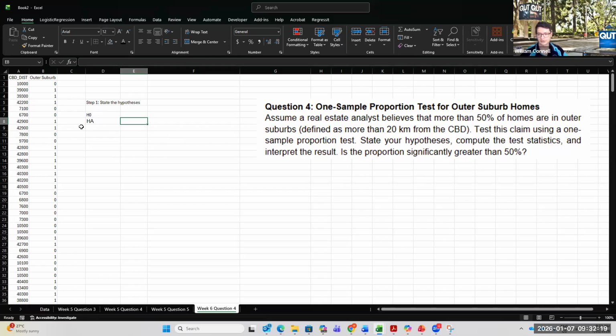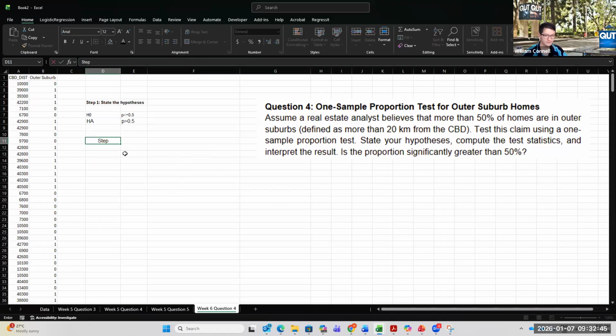So we're going to start with our alternative, which is that we want to test that more than 50% of homes are in this outer suburb. So we're going to write this as P greater than 50% or 0.5. Our null hypothesis is going to be the complement of this. So P is less than or equal to 0.5.